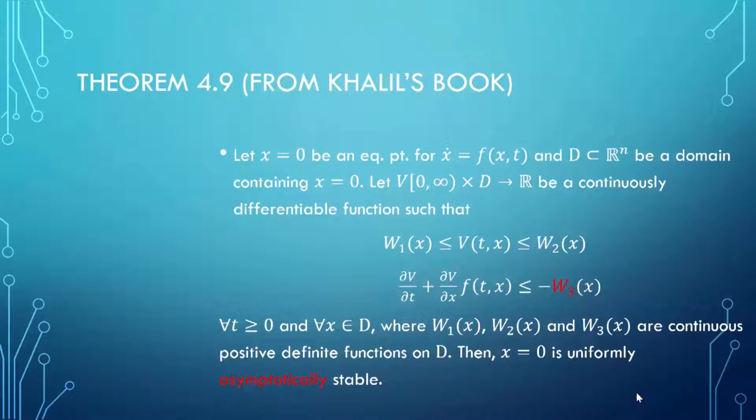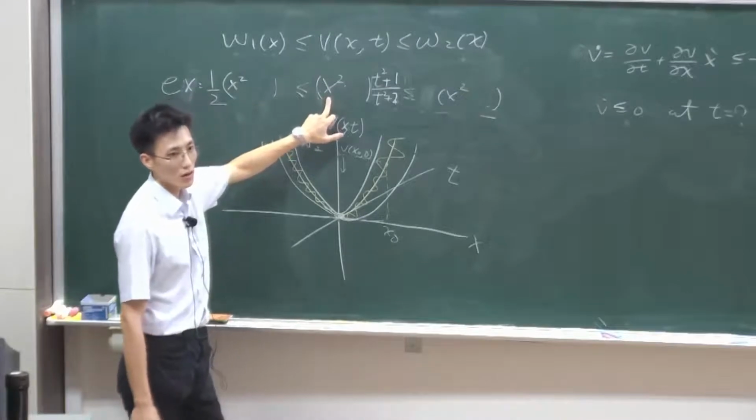This says V dot is negative definite, right? So it means V has to decrease. But it's lower bounded by some PD function, so it cannot be negative. The minimum value of this will be 0, and eventually this is also 0. So V has to be 0. And the only chance for this function to be 0 is x to be 0, right?